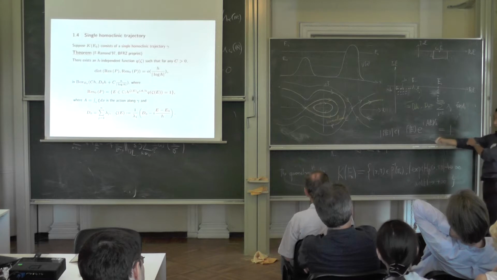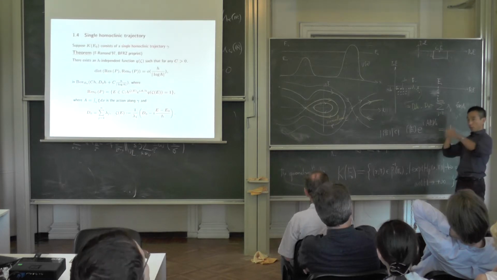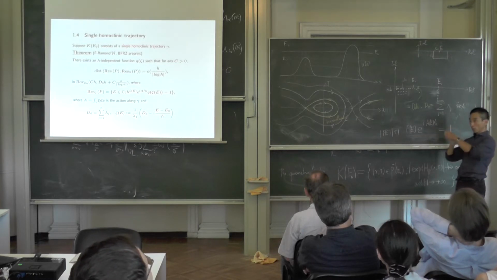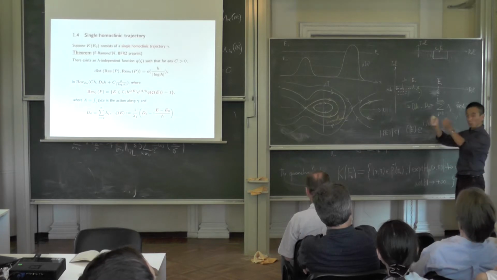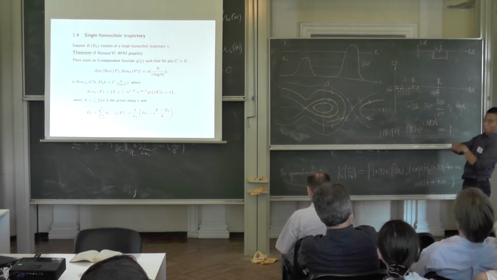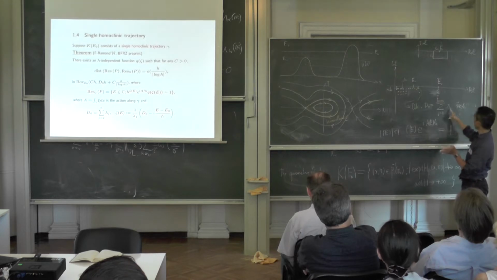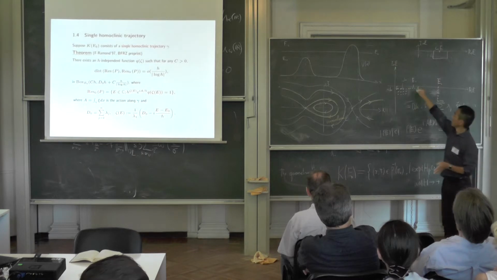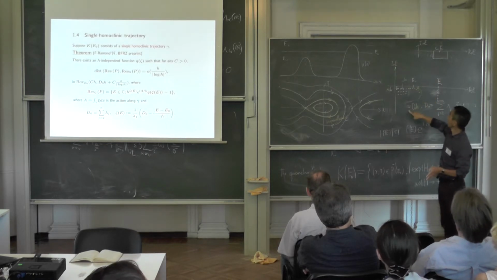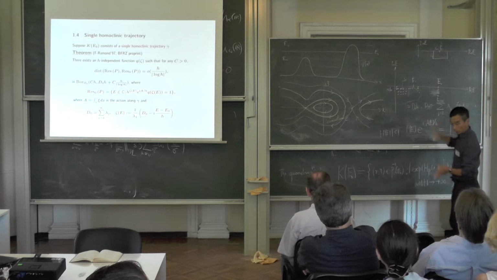Lambda j are the curvature of each direction, and they are ordered in increasing order. So lambda 1 is the smallest curvature, and lambda 2 is the second smallest curvature. The sum of these is d0, and the imaginary part is determined by d0.